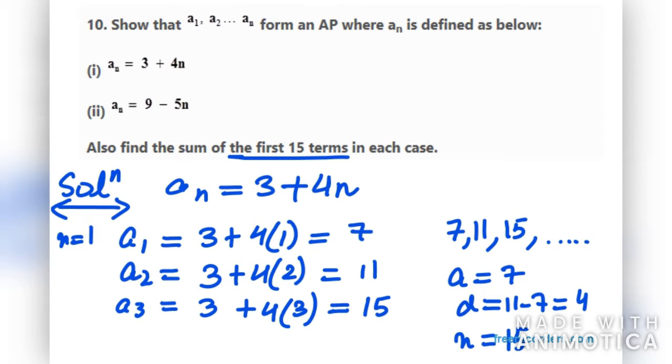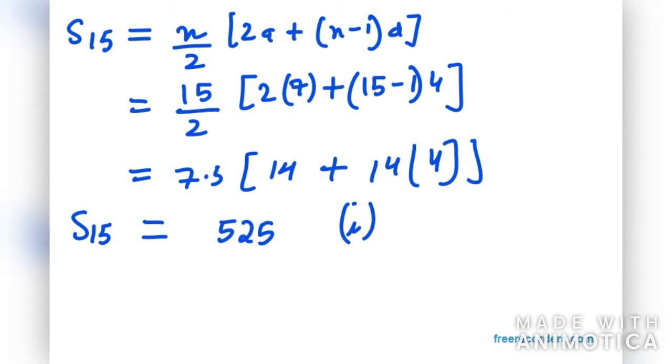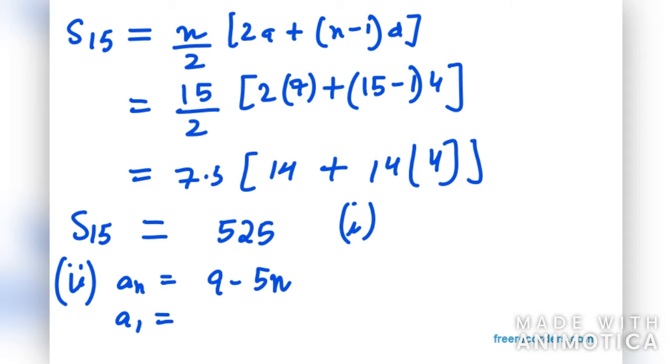Now let us move on to the next part, when An is equal to 9 minus 5n. In this case again we need to find the AP first, then we need to find the sum of first 15 terms. So second case, when An is 9 minus 5n. Let's find A1 first. 9 minus 5 in bracket 1, so 4.